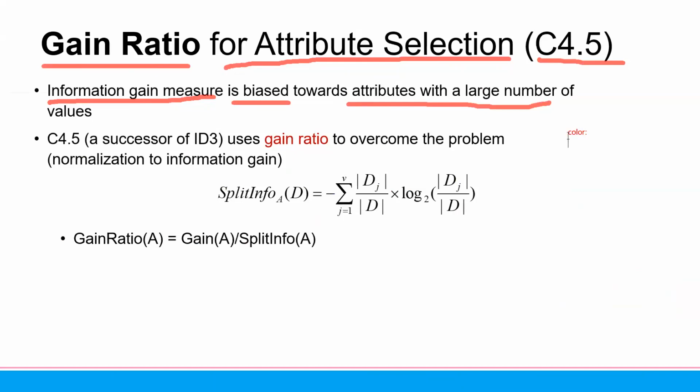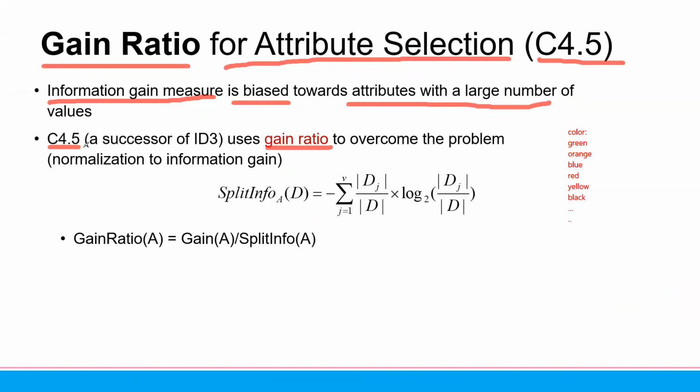But if we have color, for example, with 20 values, green, orange, blue, red, yellow, black, and so on, until 20 values, then the information gain will give you some bias. That's why the authors mentioned that we can use the gain ratio.